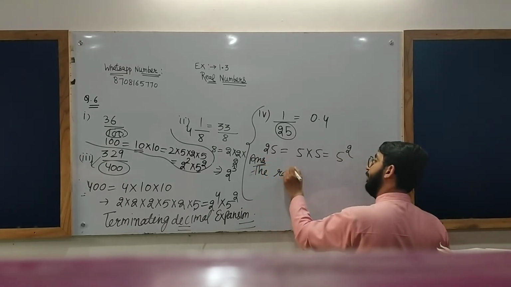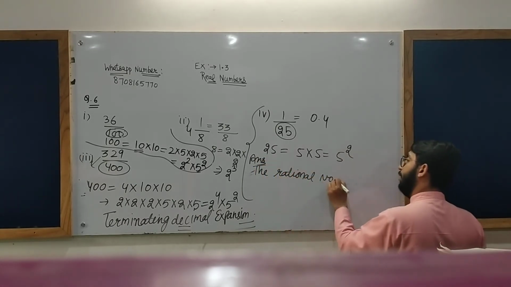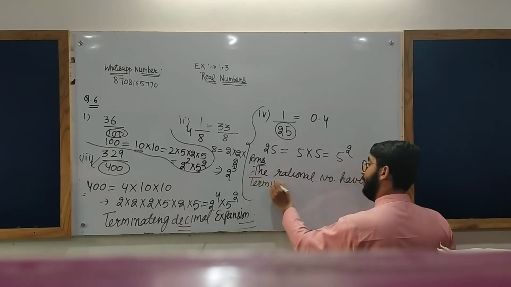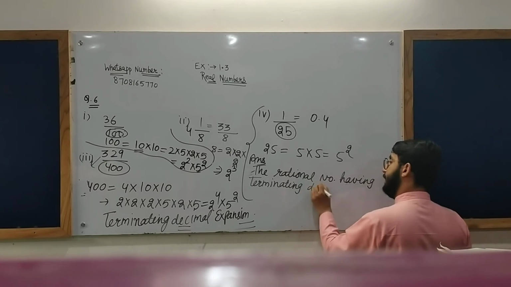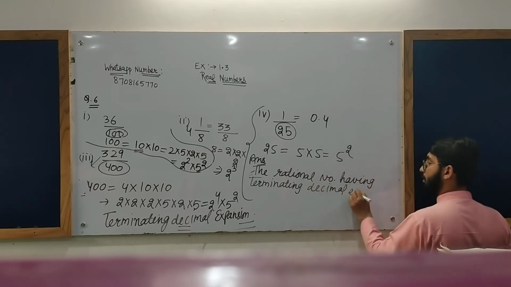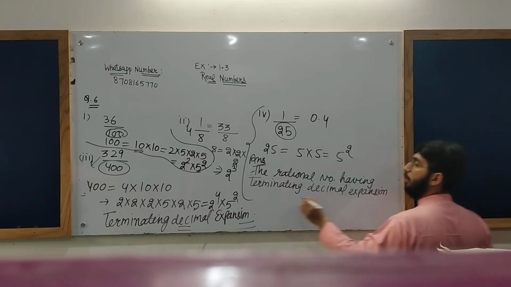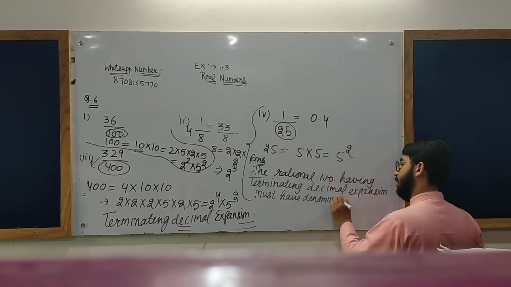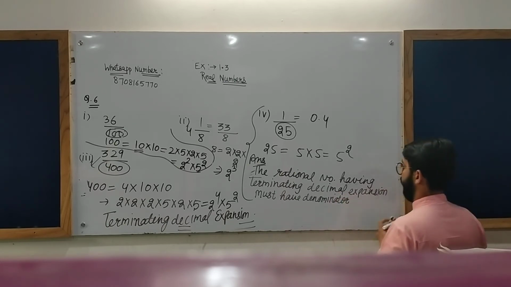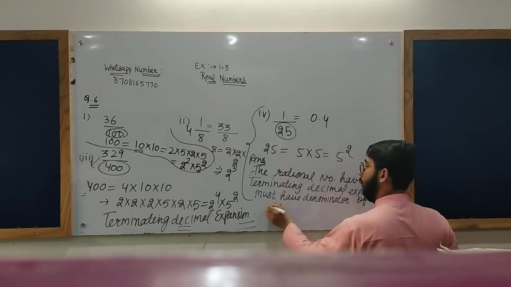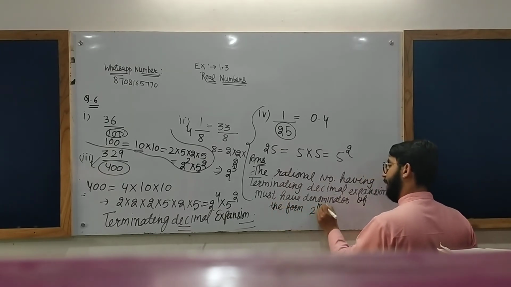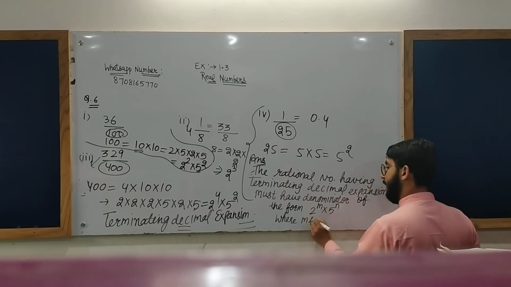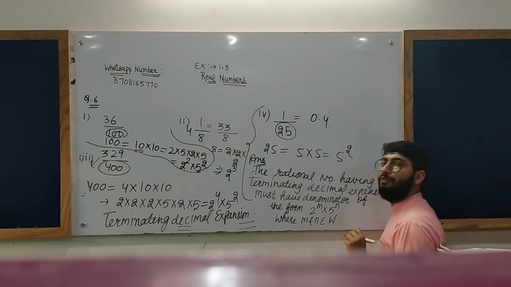The rational number having terminating decimal expansion must have a denominator of the form 2 raised to the power m and 5 raised to the power n, where m and n belong to W, that is the set of whole numbers.